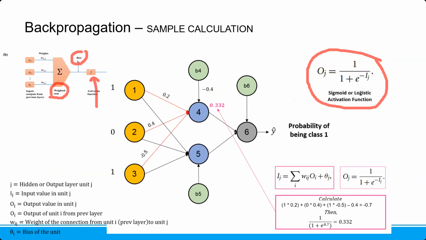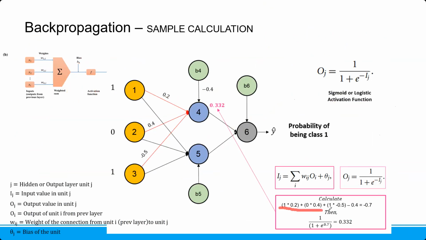In the sigmoid or logistic activation function, the formula is this one. OJ equals 1 divided by 1 plus e, where e is the exponential number, with the power of minus IJ. So minus IJ means the result after you calculate with this one, so I want to include the minus 0.7.